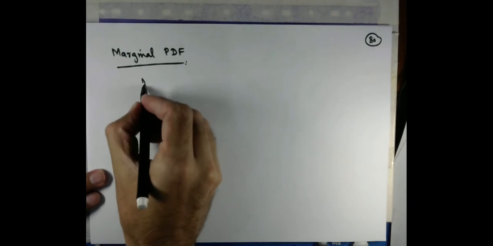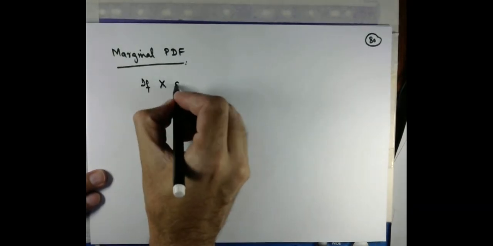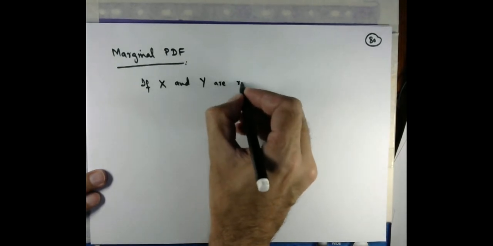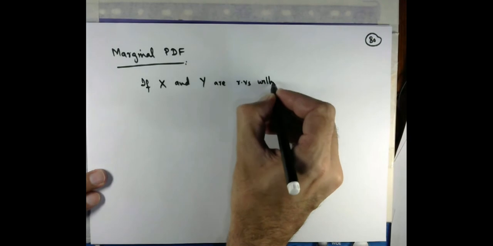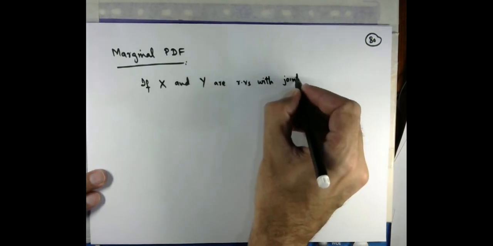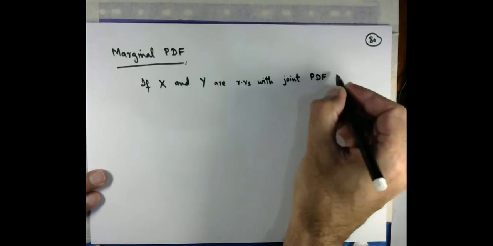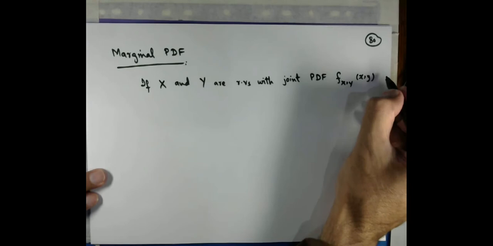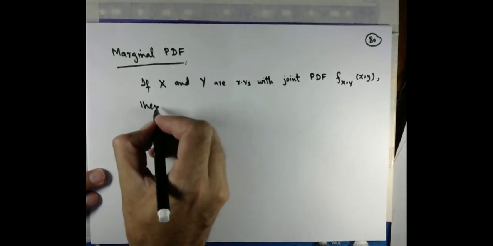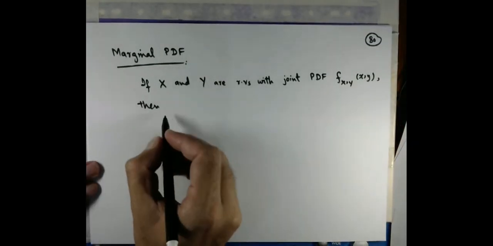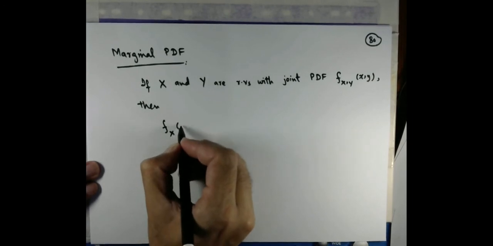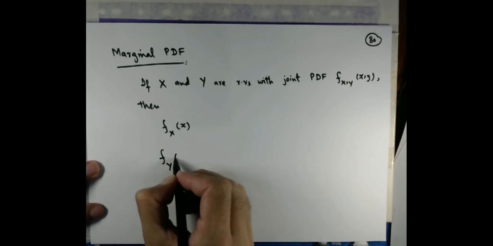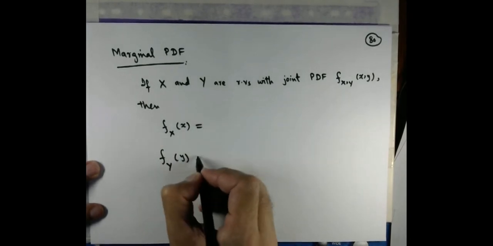So if x and y are random variables with joint PDF f sub x comma y of x comma y, then finding the marginal PDF or the PDF of single random variables for both the x case and the y case should be simple.